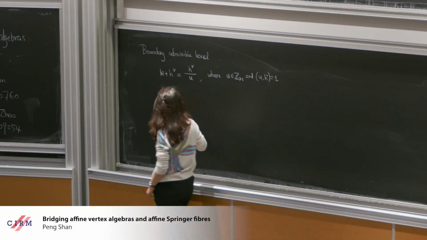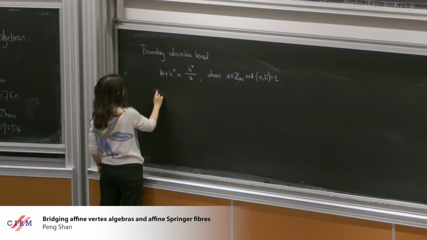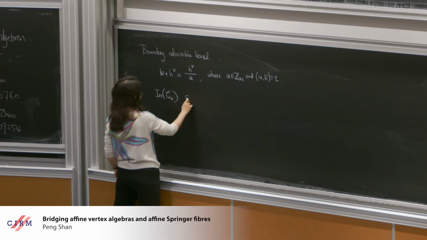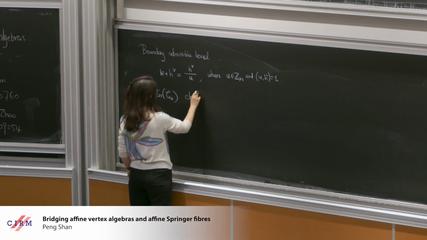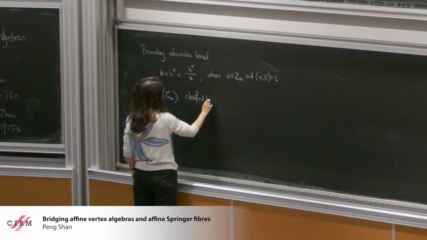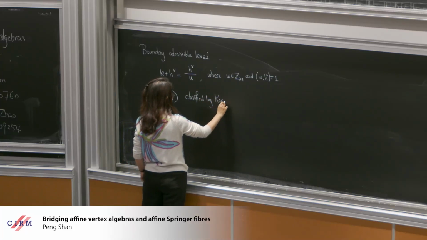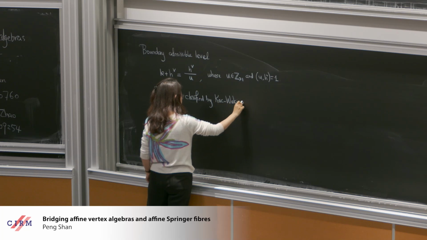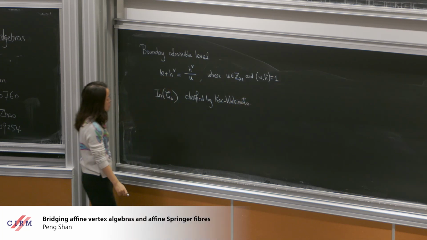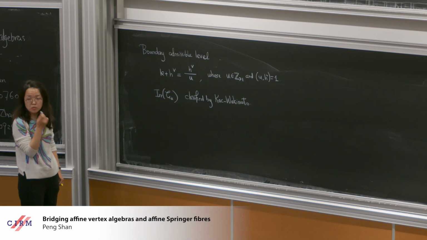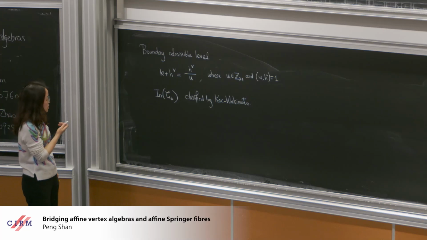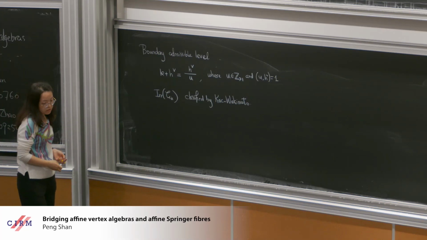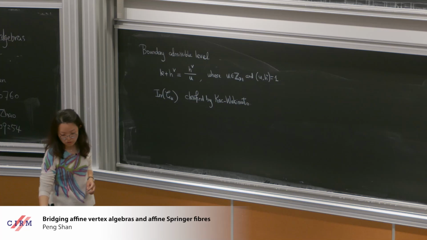And in this case, the irreducible highest weight representation has been classified by Kac and Wakimoto. And the starting point of our project is we give an interpretation of this set from the point of view of affine Springer fibers.